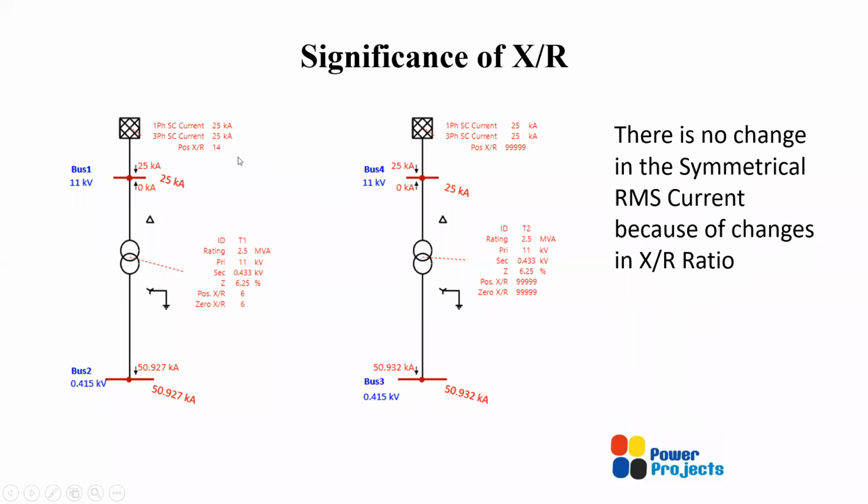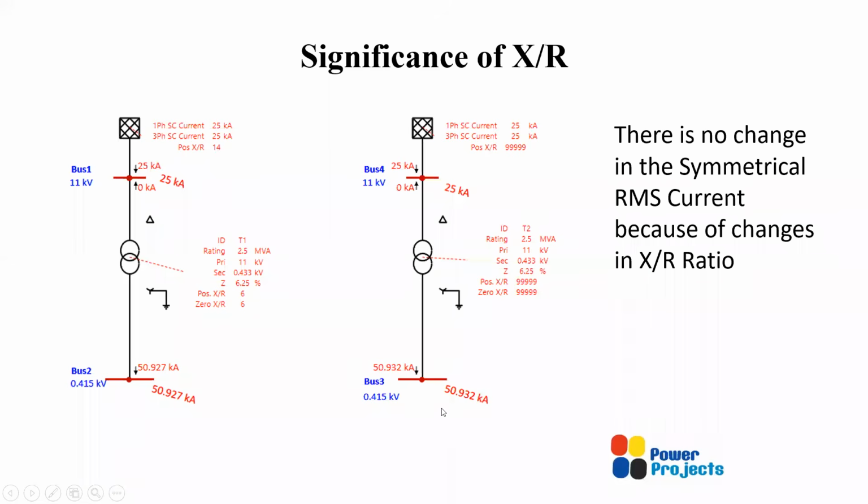Here, irrespective of the X by R ratio, the fault current, where I have plotted the RMS current, remains the same. So you can check the short circuit current, the symmetrical RMS current, has not changed with a change in X by R ratio. We have taken 14 in one case and infinite in the other case, but the RMS current remains the same.